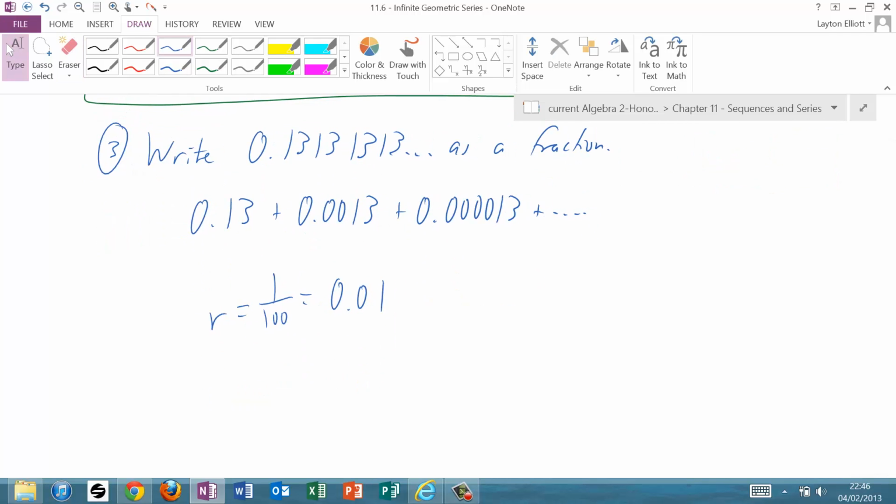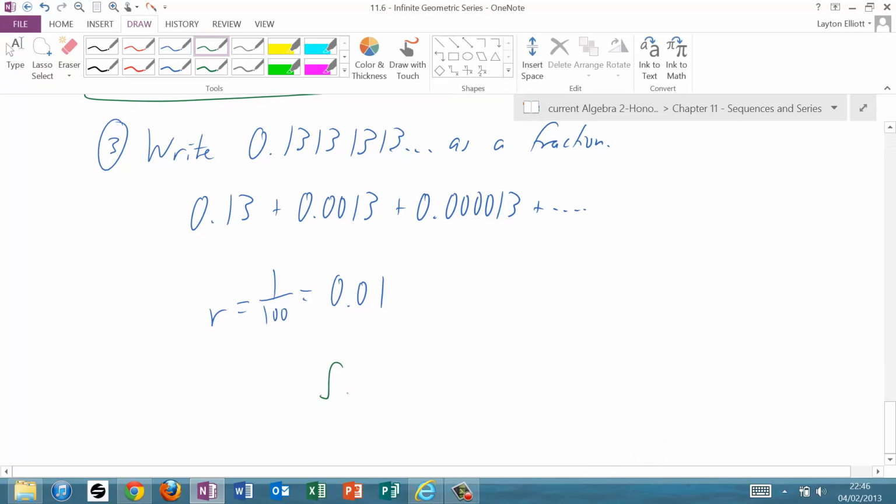So we got an r value of 0.01, and I'm going to do the s equation. We're going to say s infinity is equal to t of 1 over 1 minus r, which is 0.13 over 0.99, or 13/99.